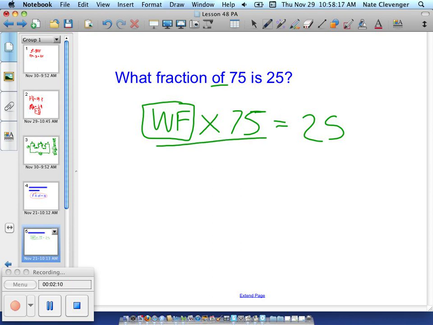We need to get rid of the 75 from here, so we're going to divide by 75, because 75 over 75 goes to 1, which is what we want. We want that WF by itself. But if we divide this side by 75, we divide that side by 75 as well, and we reduce that to 1/3.